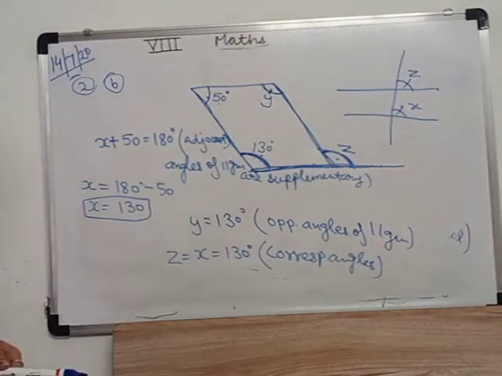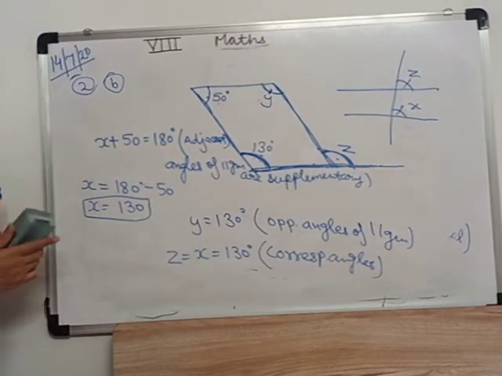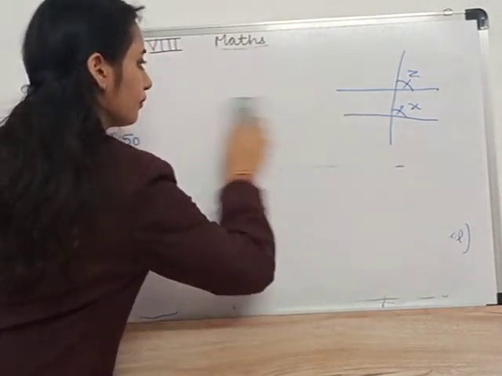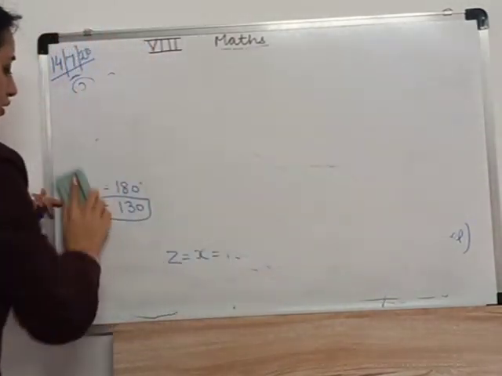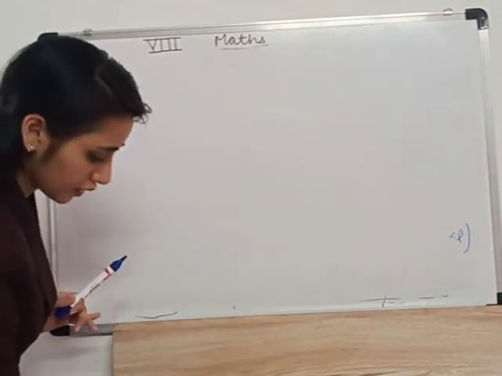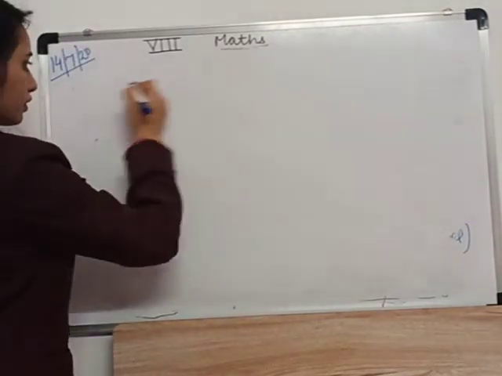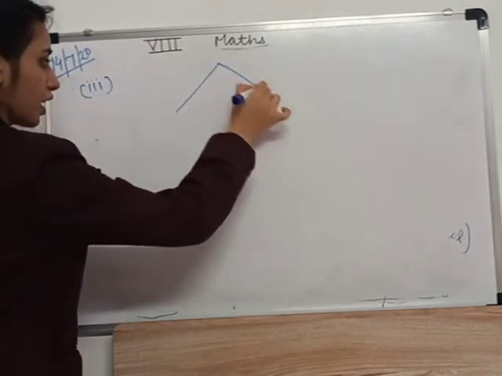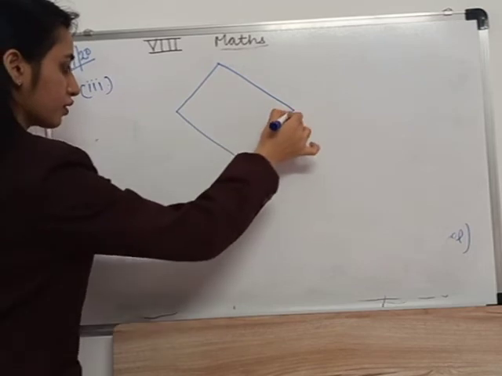Next is the third part. In the third part, a figure is given, like a kite-shaped parallelogram. Like this shape. Second question, third part. This type of figure is given in this question.